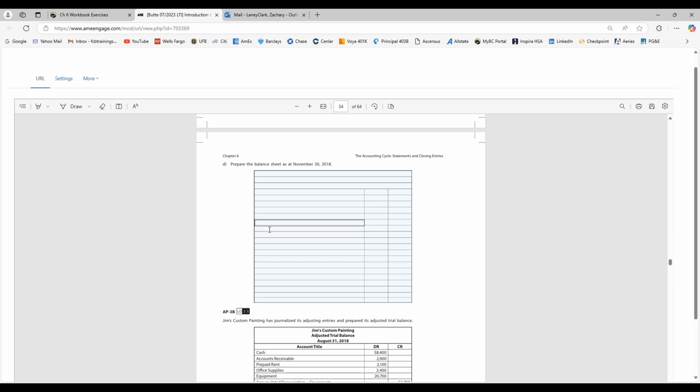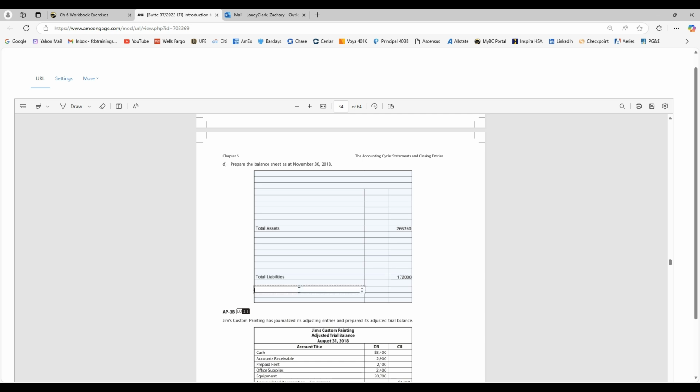And then here we are preparing the financial statements. I'll just give you some totals and check figures here to make sure that you've got this all right. $266,750 total assets. Total liabilities is $172,000.